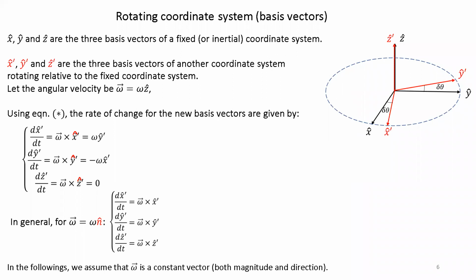So essentially nothing is new here compared to what we had previously. That one was a rotation of any vector, a position vector. Here we are doing the rotations of the basis vectors themselves, and that represents the rotation of the coordinate system.